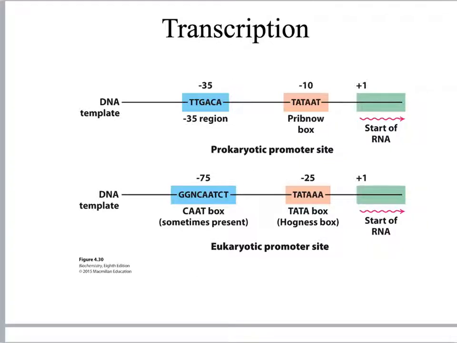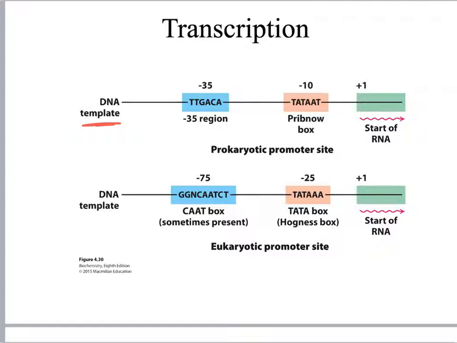In terms of transcription, this is discussed more in some of your genetics courses. But here, just to point out some of the direction of the process of transcription, RNA polymerase recognizes what's called a promoter site on the DNA template. This is where the RNA polymerase binds, and it determines where the transcription process is going to begin.